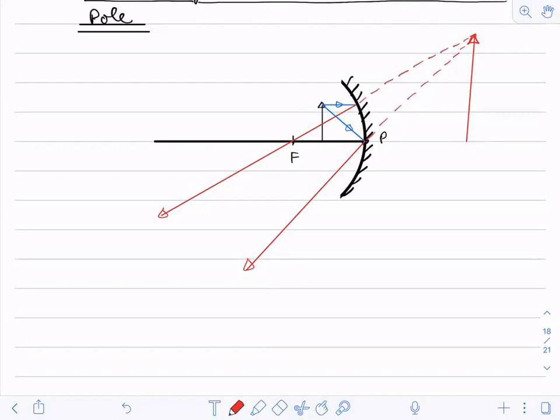So this is now A dash B dash, and this is A and B. Did you understand what I was saying previously? When two rays actually intersect, practically, that time we call it a real image. But when we extend them in the reverse direction so that it appears to be coming from that point, then we call that image a virtual image.